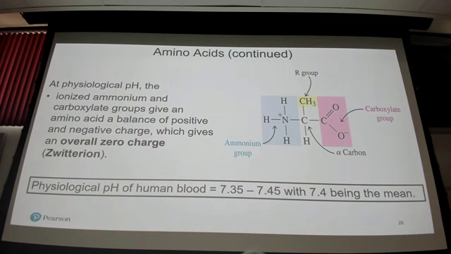Because we have a positive charge group and a negative charge group on every amino acid, at physiological pH, which is the pH of our blood, ranging between 7.35 and 7.45, an amino acid that has a positive and negative charge will cancel each other out, and that is called a zwitterion.